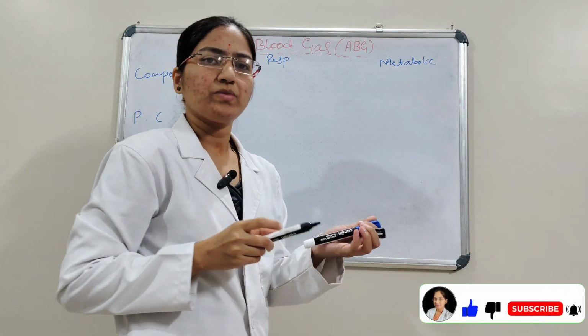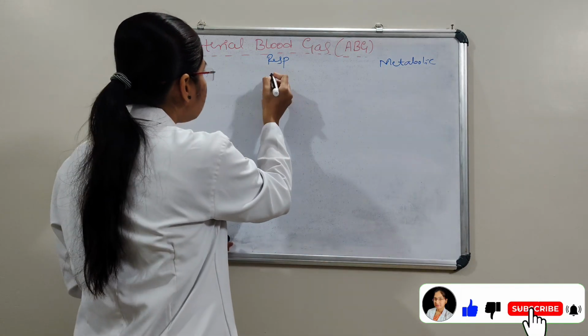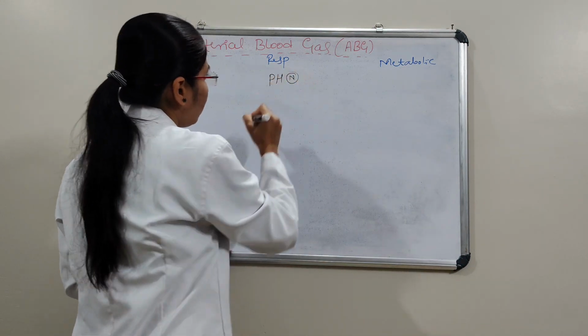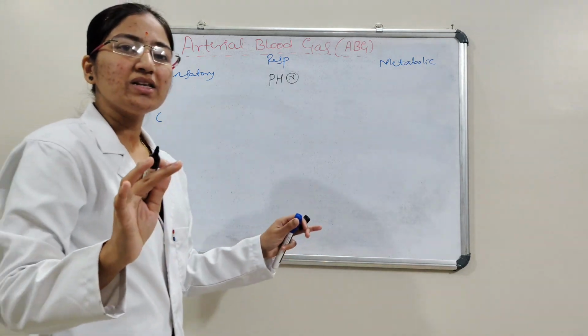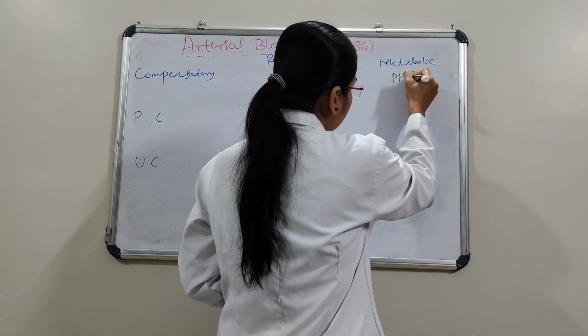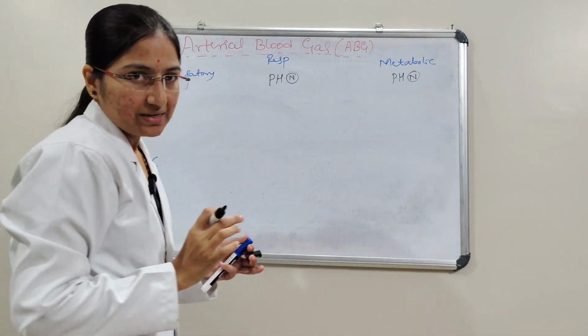Compensatory means the disease is 100% cured. Here pH is normal, in the sense everything seems normal.